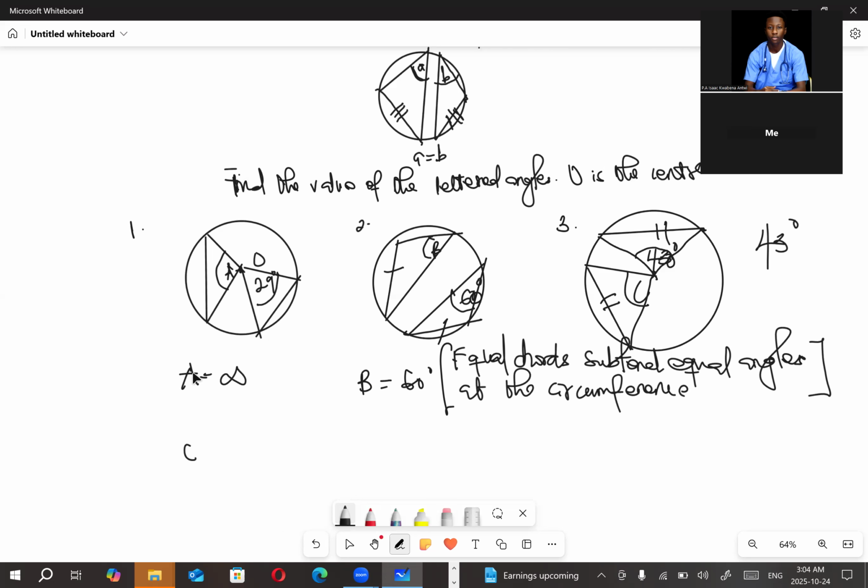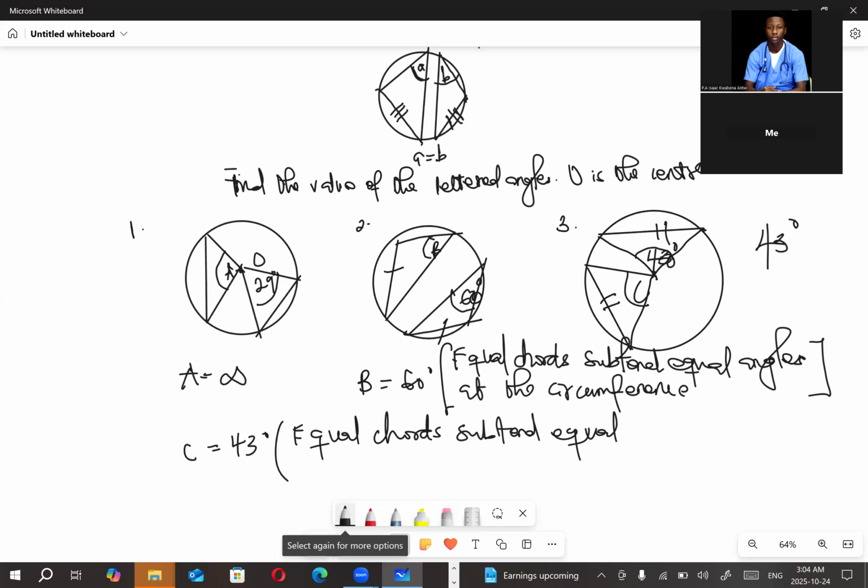Number three, C is equal to 43 degrees, because the chords are equal and they raise the same angles at the center. It's being produced at the center. So equal chords subtend equal angles at the center.